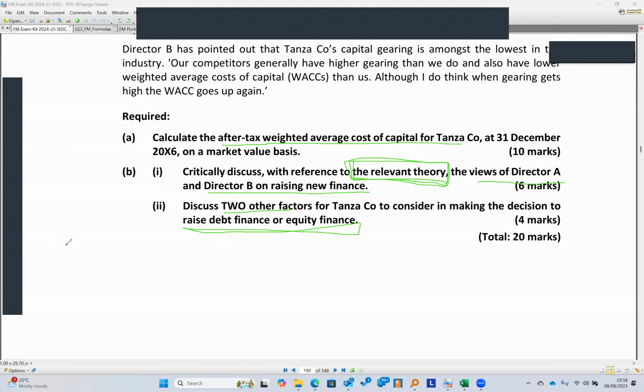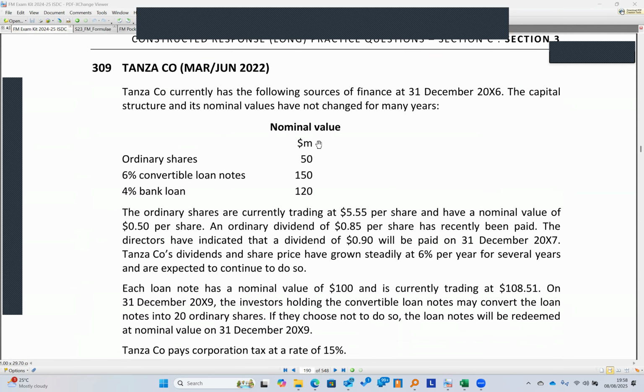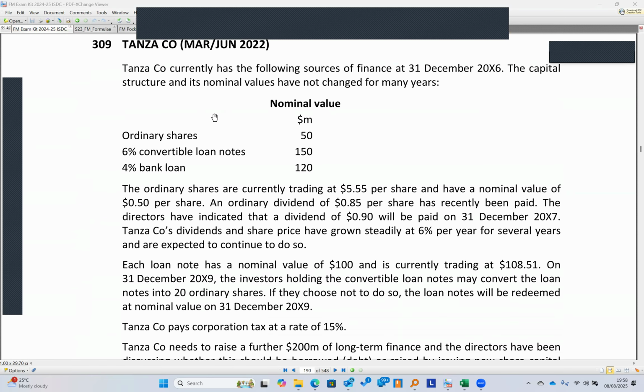If you look at what is given to us, they are saying that Tanza has the following sources of finance: the ordinary shares, convertible loan notes, and the bank loan. The ordinary shares are trading at 5.55 per share, nominal value 0.5.